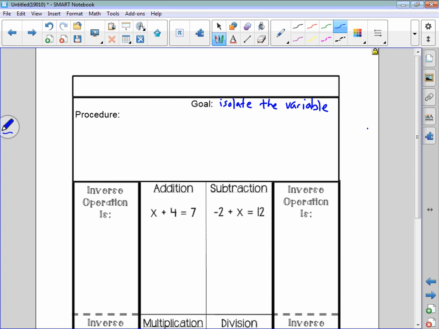And the procedure to isolate the variable, the way that we are going to do this is we have to determine what operation is occurring between the variable and the constant.